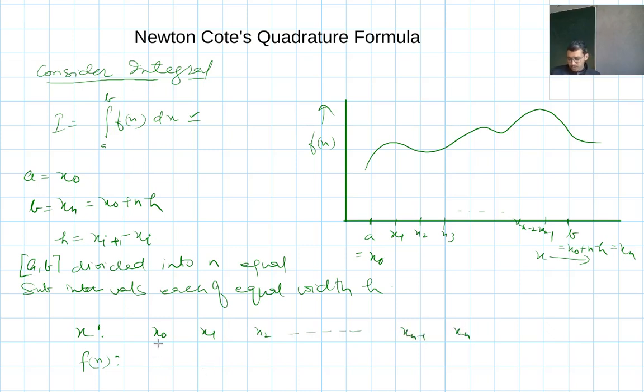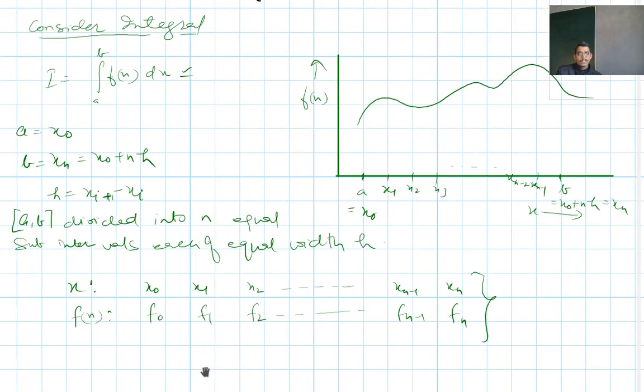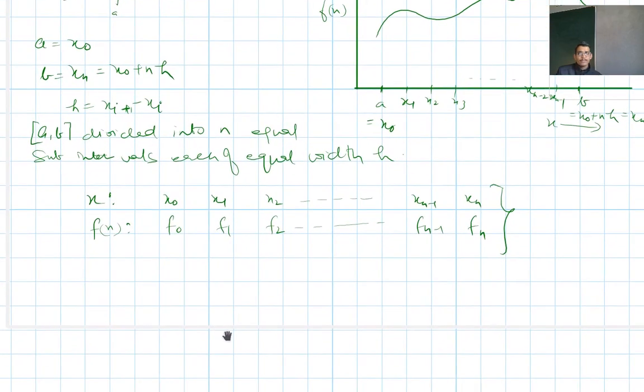And corresponding to them, the values of the function will be f naught, f1, f2 and f n minus 1 and f n. We have written it in this manner because I want to incorporate an interpolation formula here, to evaluate the function using an interpolation formula.